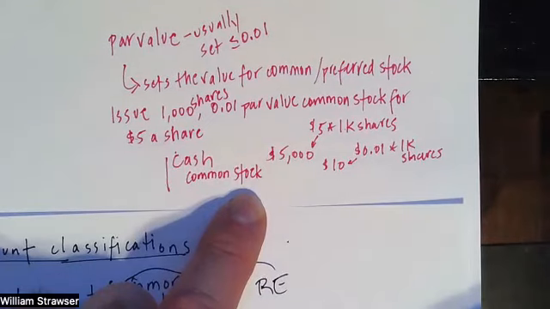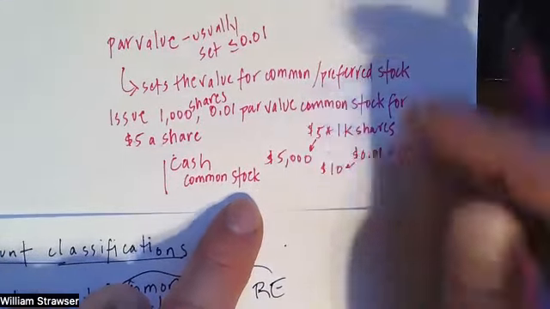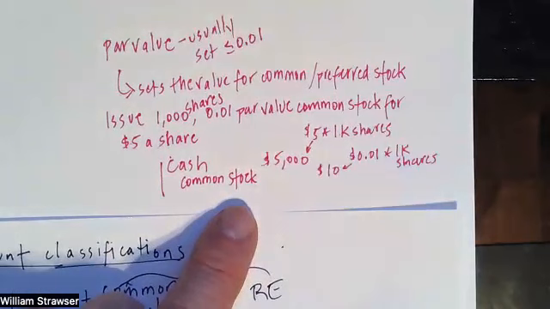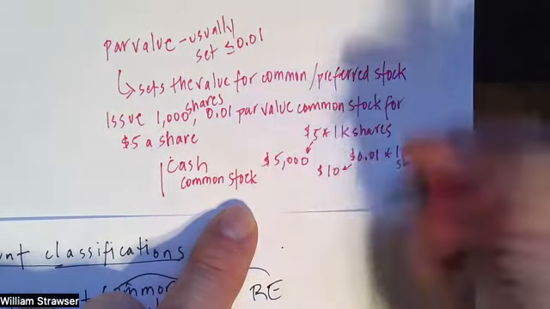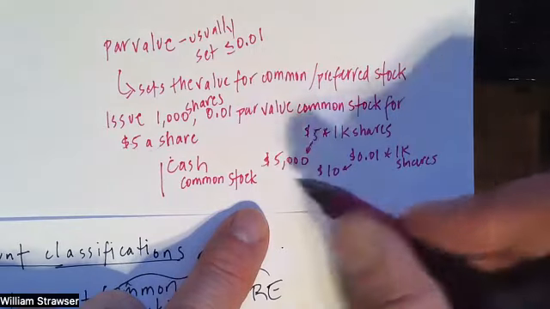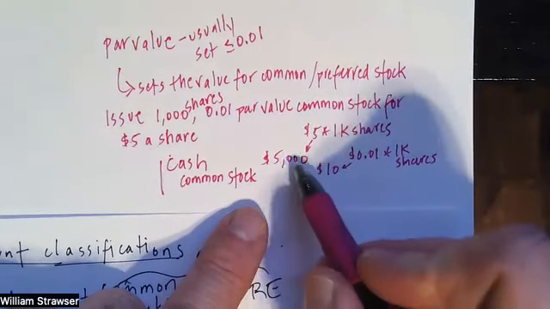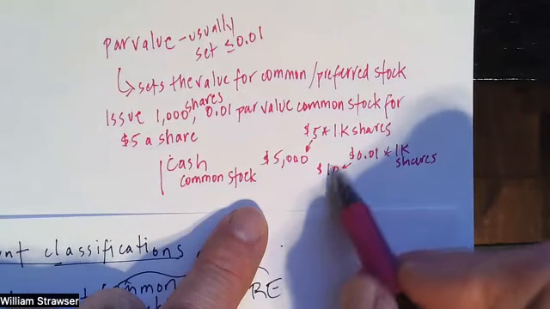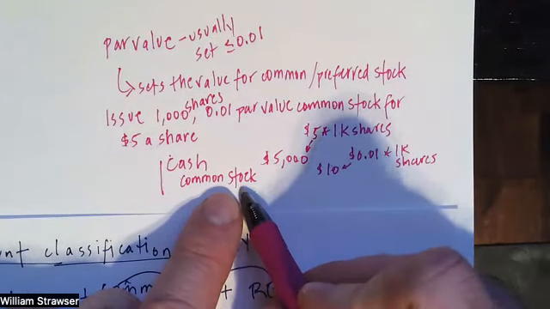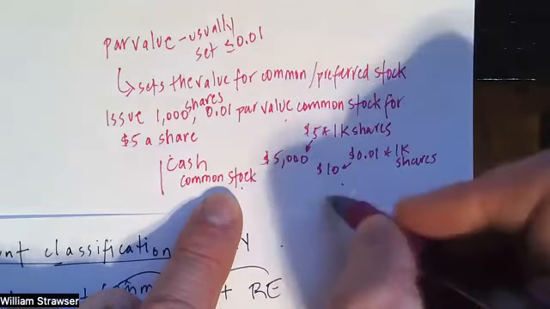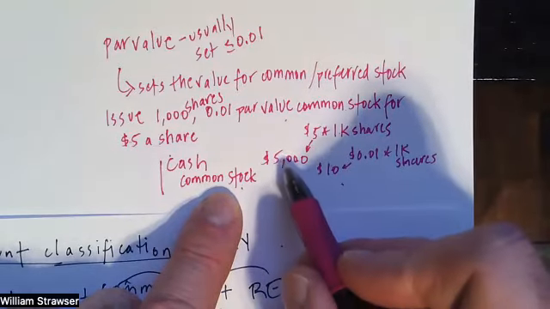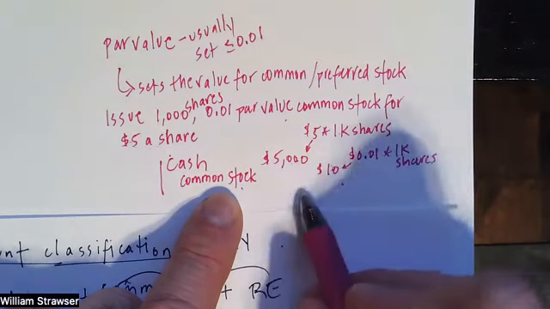And APIC comes in. APIC is the additional amount that people will pay for a share of stock over the par value. So you could think of it two ways. One way is, well, if I got $5,000 of cash and only $10 is assigned to common stock because of the par value, then the remainder, which is $4,990, has to be APIC.